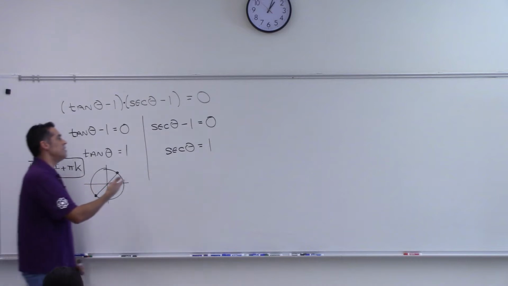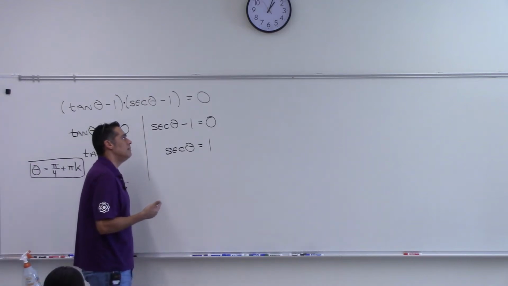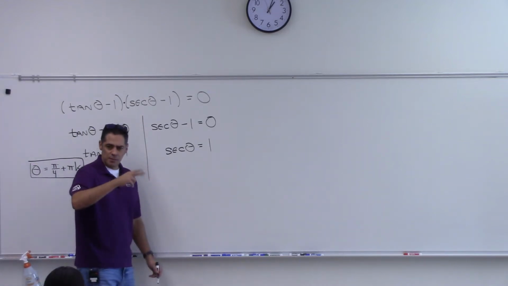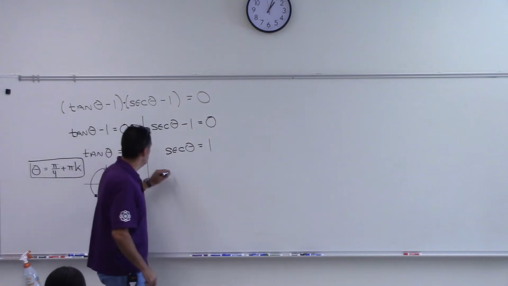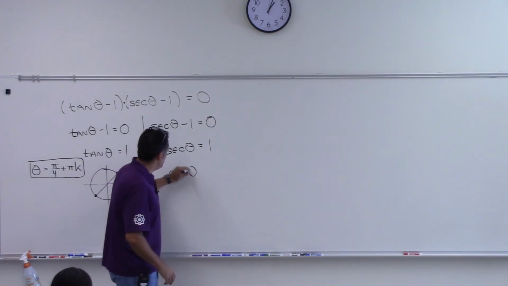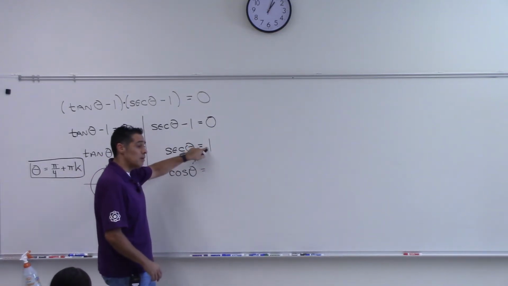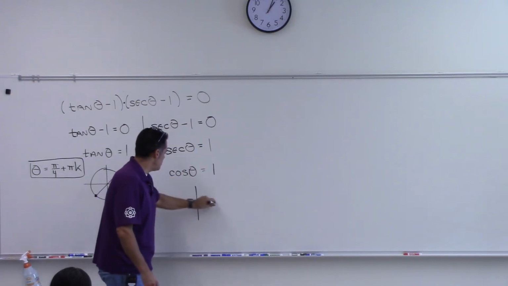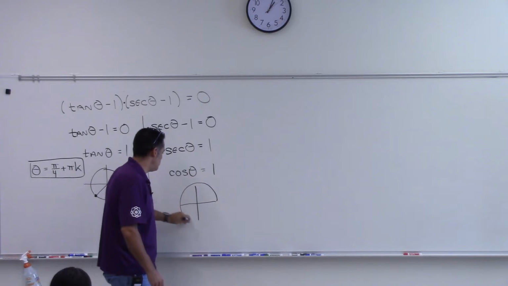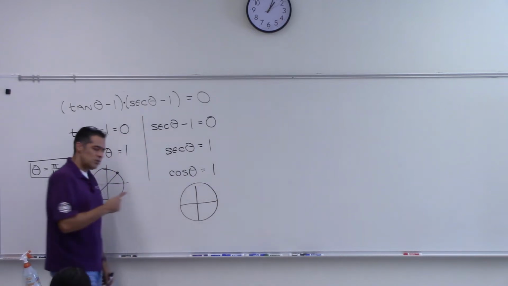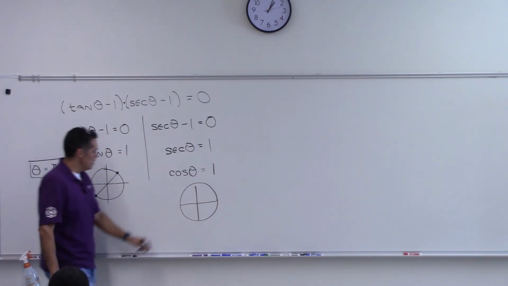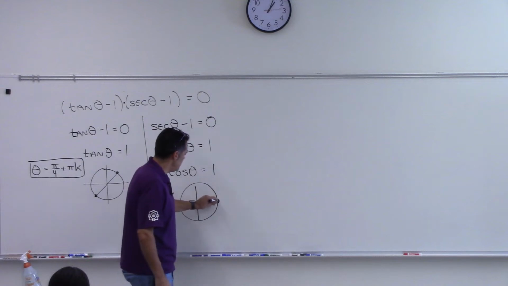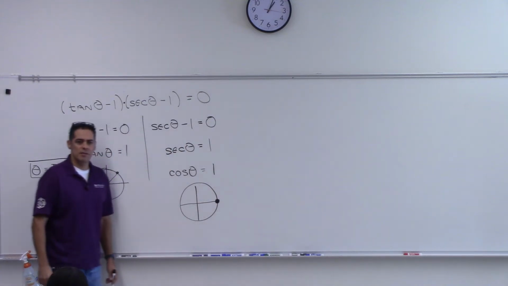Over here, secant theta is 1. Remember secant is the reciprocal of cosine, so cosine of theta has to be the reciprocal of 1, which is 1. Where on the unit circle is the x-coordinate equal to 1? That's the only place.